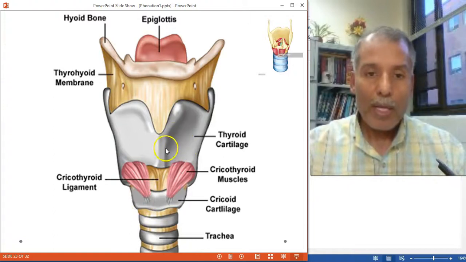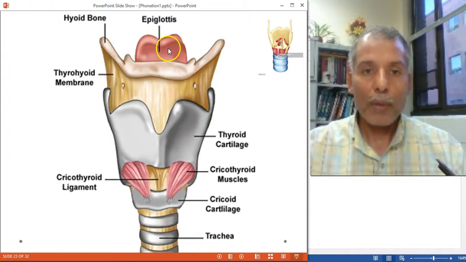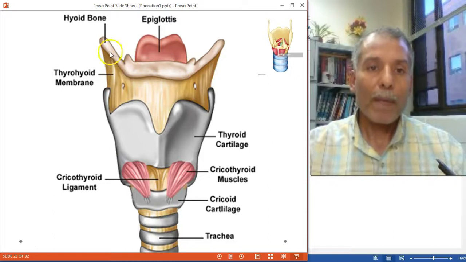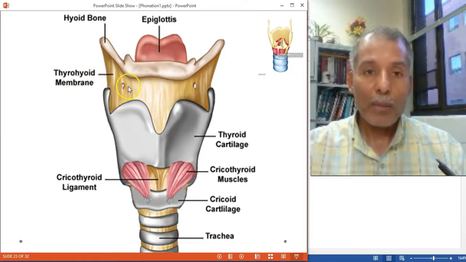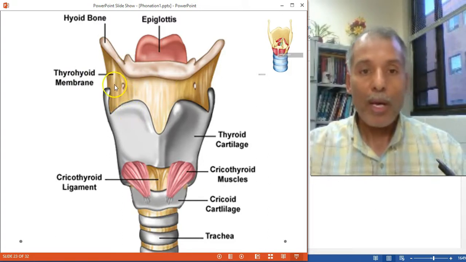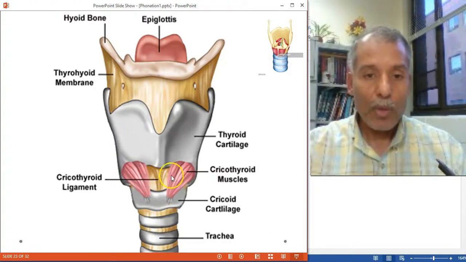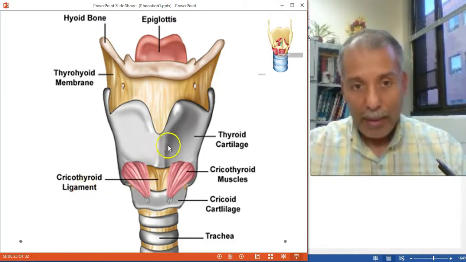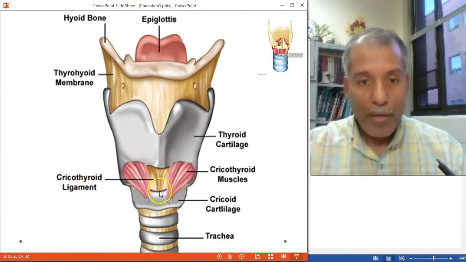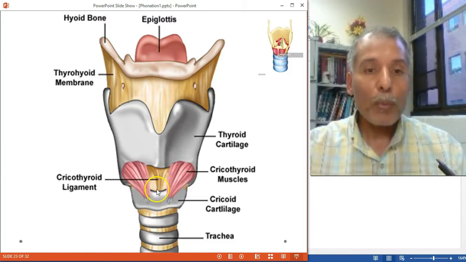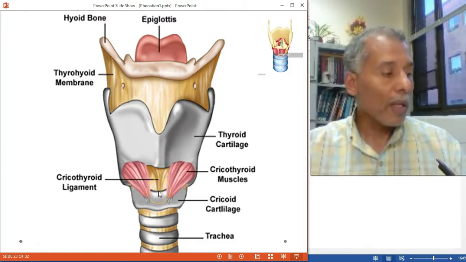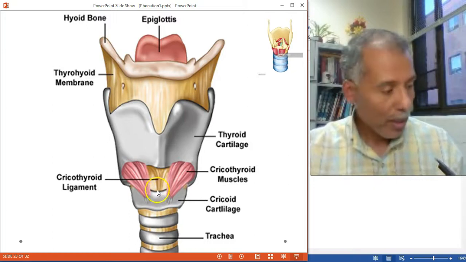And you can see in the front, this is the front view, the epiglottis, and you have the hyoid bone, and the thyroid membrane, sometimes called the cricothyroid membrane, and then you have muscles that we are going to get to know intimately. But for now, I'd like you to know that there's a ligament that connects the thyroid in the front with the anterior superior segment of the cricoid.